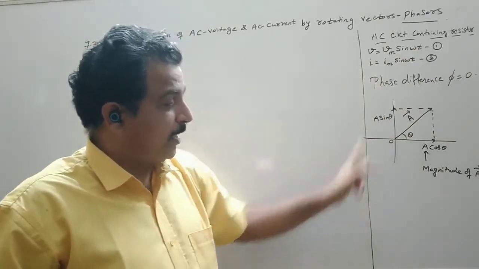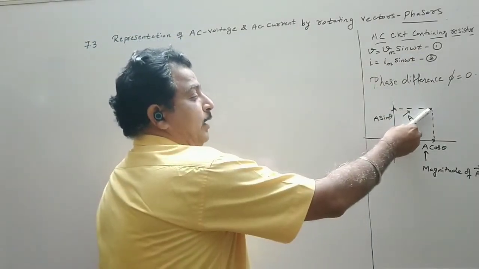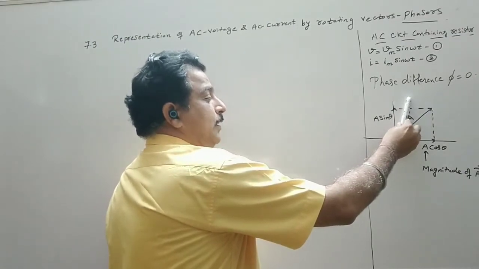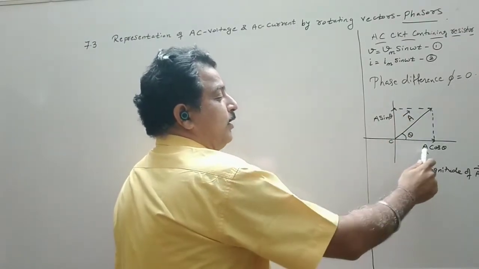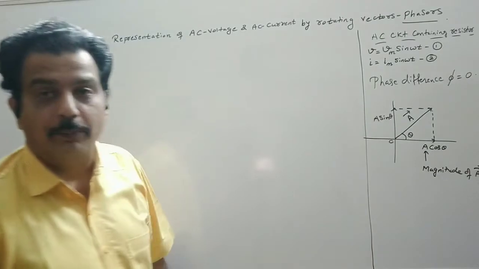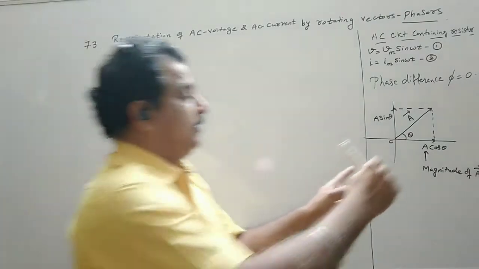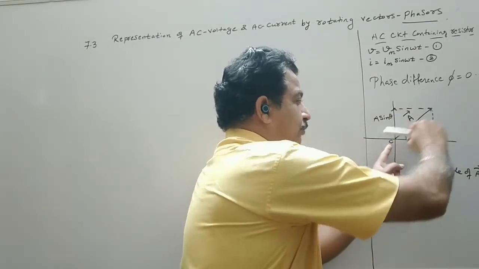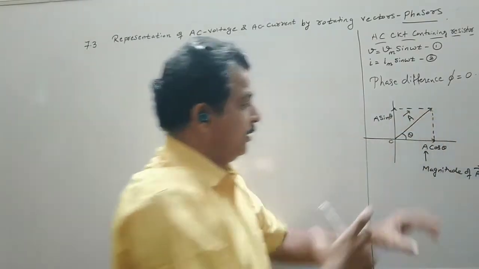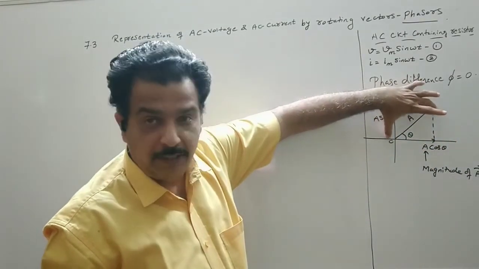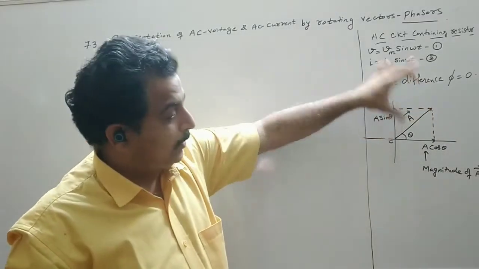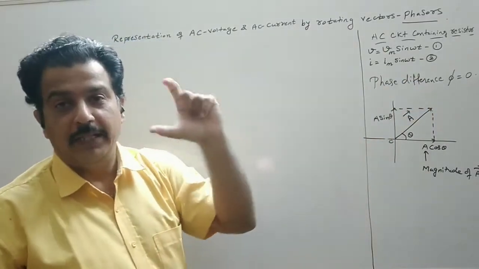So as theta changes, or if this vector rotates, its horizontal or the vertical component will keep on changing, where this magnitude, suppose the length of this vector is say 5 meter. So even if this vector rotates, the length will remain 5 meter only.